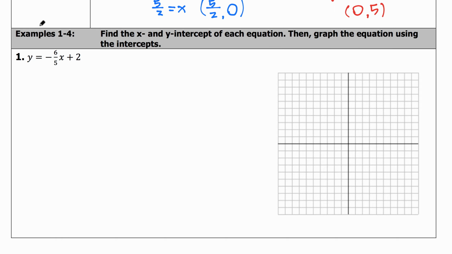So number 1, we have y equals -6/5 x plus 2. The x-intercept of this line is going to be found by substituting 0 for y. So we have 0 equals -6/5 x plus 2. And then we'll solve this equation for x.